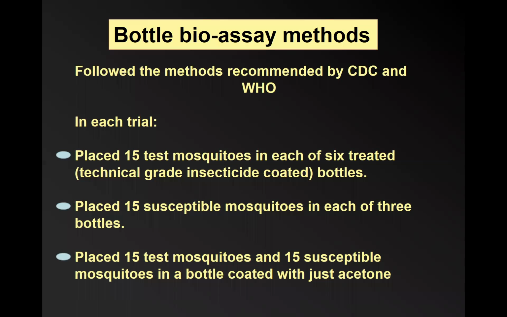And then I also place 15 test and 15 susceptible mosquitoes in bottles that are coated just with acetone, because the technical grade formulation is mixed with acetone, so it evenly coats the inside of the bottle. And you always want to make sure that mosquitoes are not dying from acetone, which is not the insecticide. So it's essentially a control.